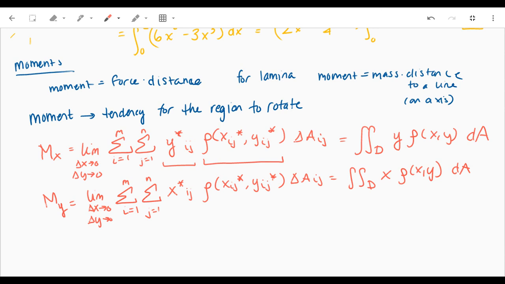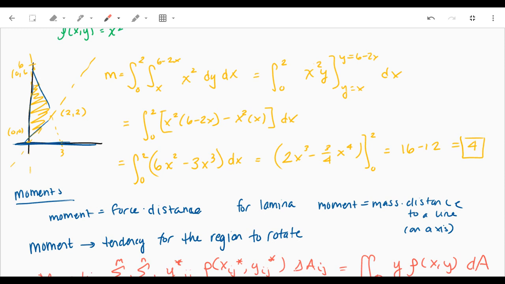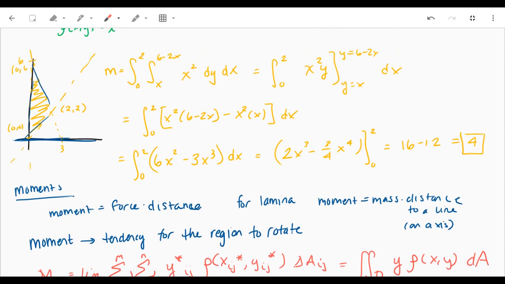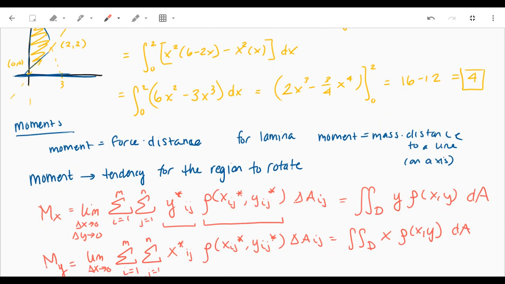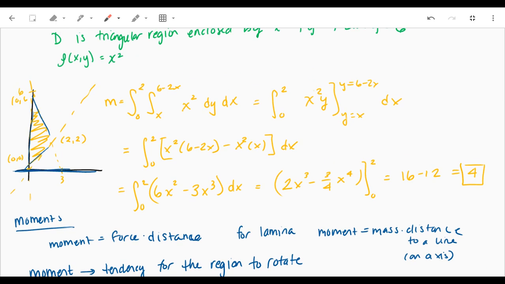and now we can find the moment for our guy up here. And what we should see is that the moment around the x-axis is bigger than the moment around the y-axis. So if you think about the tendency for this triangle to rotate around the x-axis, it is much more than if the y-axis were the ground and I let go of the triangle, for it to rotate around the y-axis.